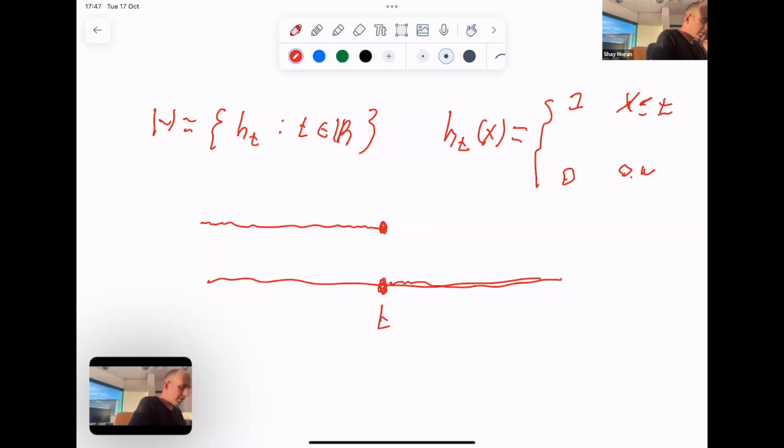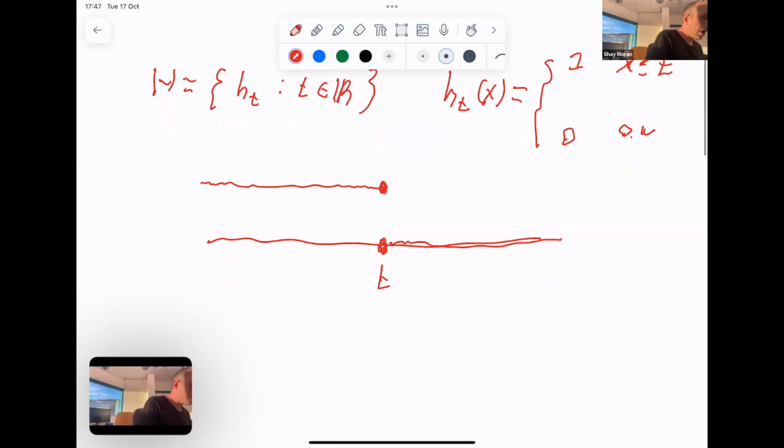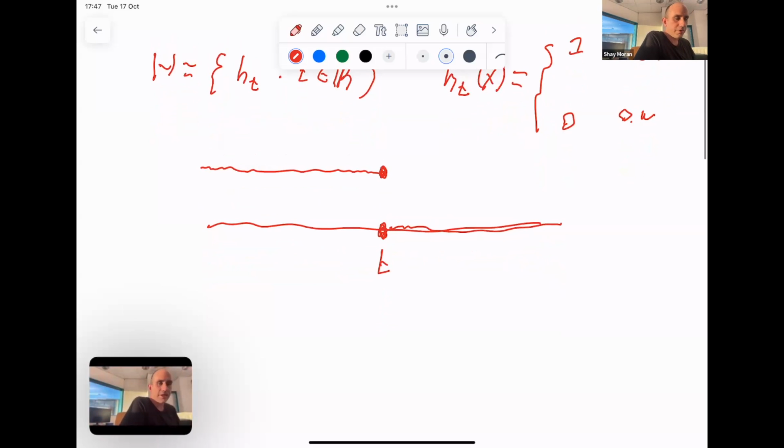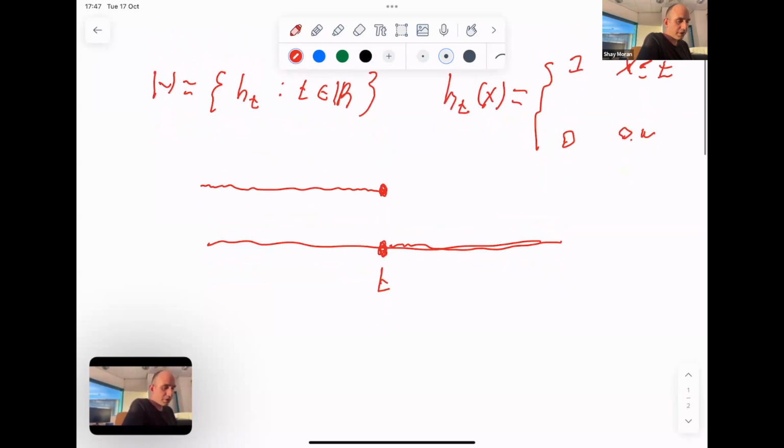Okay. So now I want that together we will construct a learning rule, a learning algorithm for this class. So what is a learning algorithm? We need to describe which hypothesis it outputs given a sequence of n examples, and we only restrict ourselves to realizable distributions. We assume that the target function is indeed some threshold function.